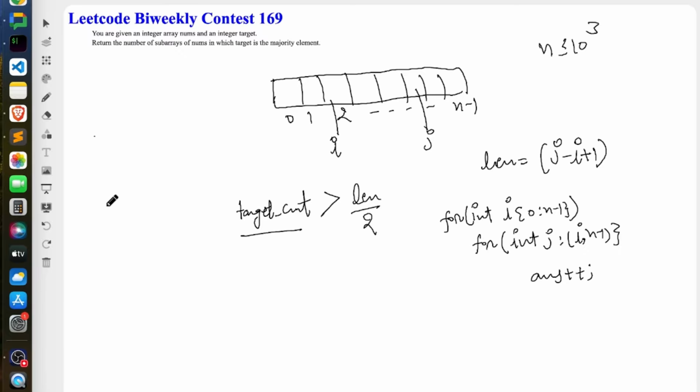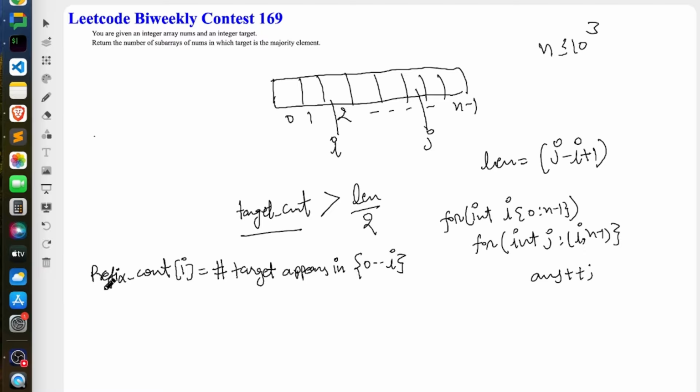And for that, what we can do, we can apply a prefix sum concept. I would highly recommend to go through prefix array or prefix sum concept in an online tutorial. So let's say I build a prefix count vector, right, where prefix count of i would tell you the number of times target variable, this target element, appears in subarray from index 0 to i, right?